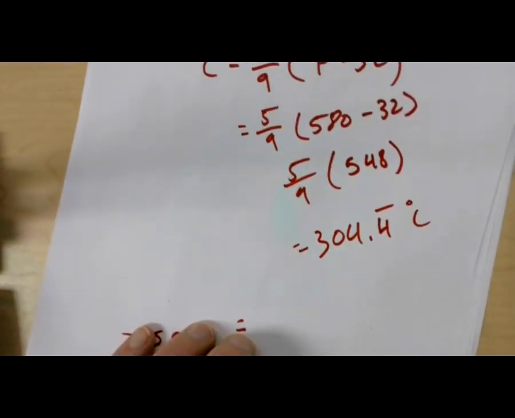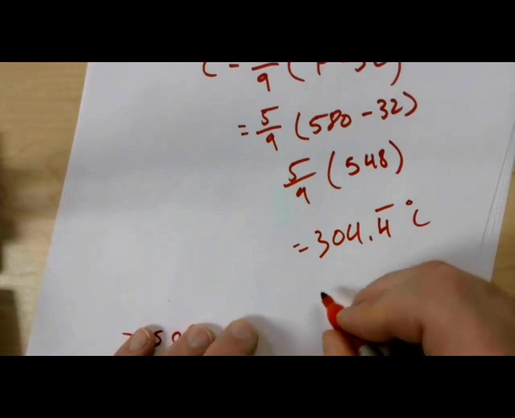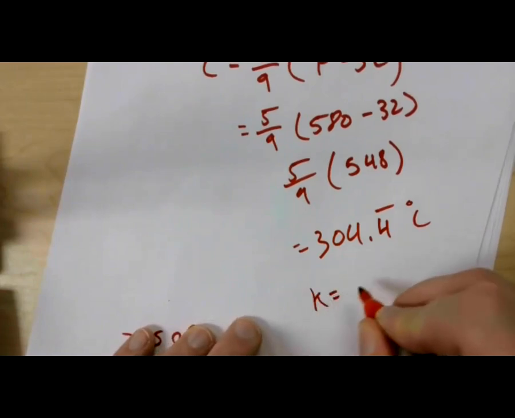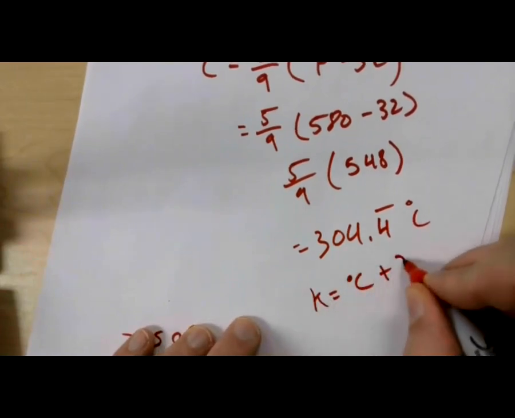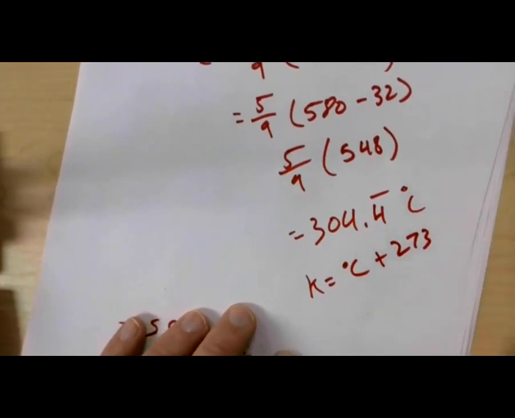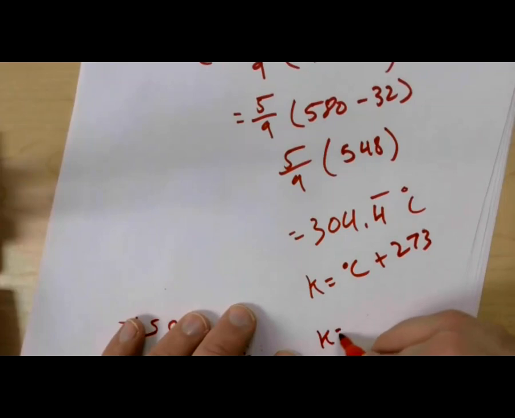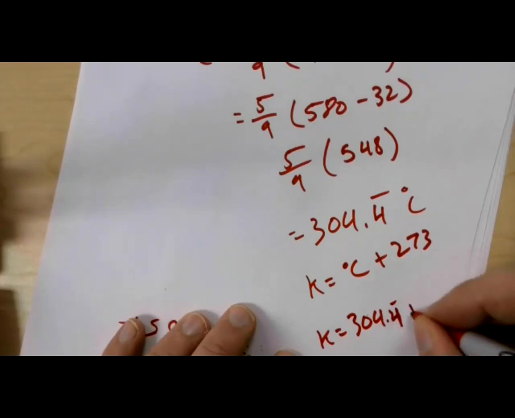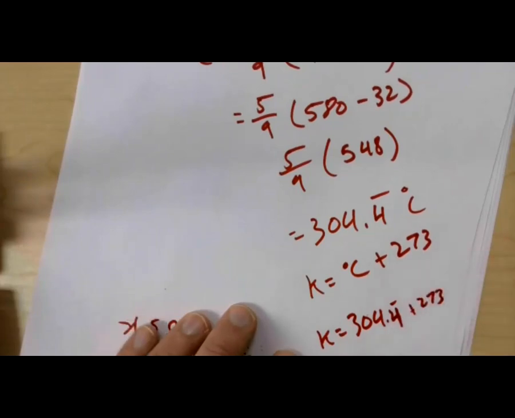So now we can go one step further, right? Because we know we can take Kelvin equals the degrees Celsius plus 273. That's from the formula. So now I can plug in this number. So I've got Kelvin equals 304.4 repeating plus 273.